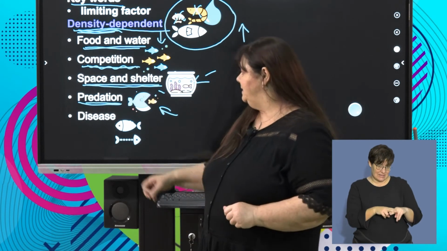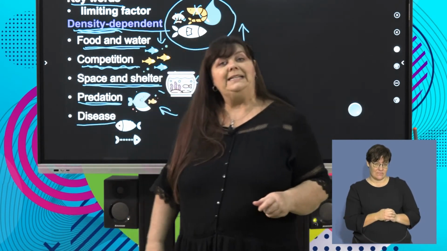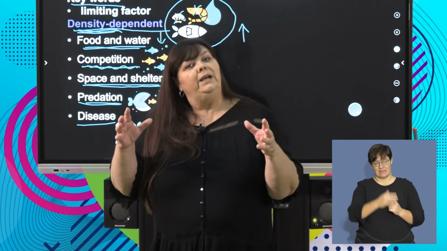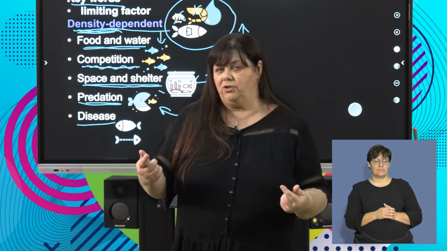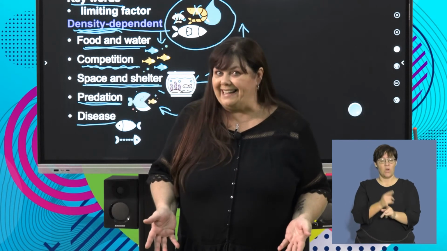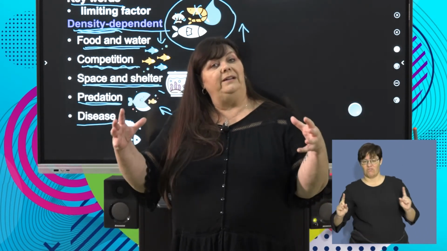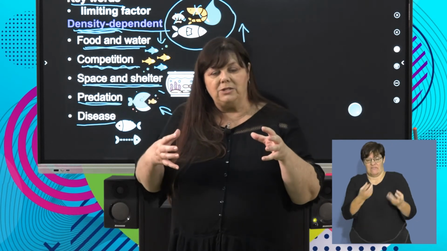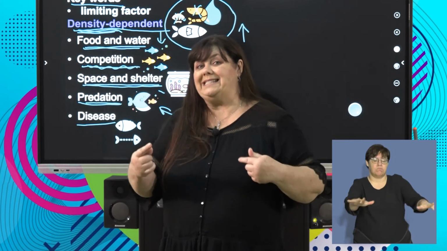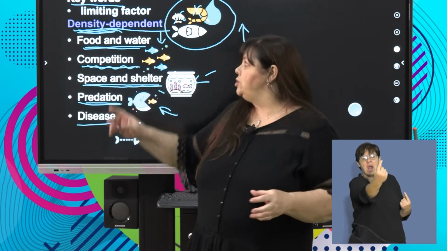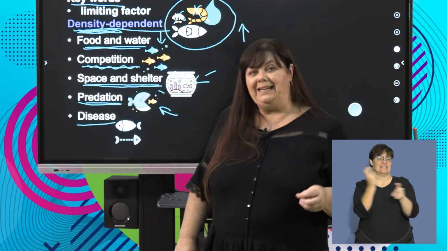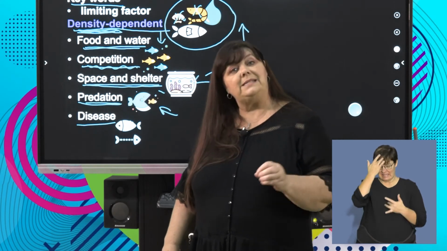density-dependent limiting factor. And finally, disease. You know that if we want to restrict the transmission of a disease, we observe social distancing. If we are living in closely packed or dense populations, we're going to see that diseases transmit far more easily. So another density-dependent limiting factor is disease.